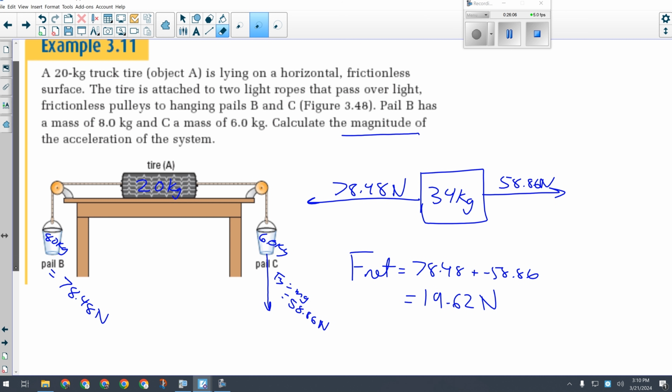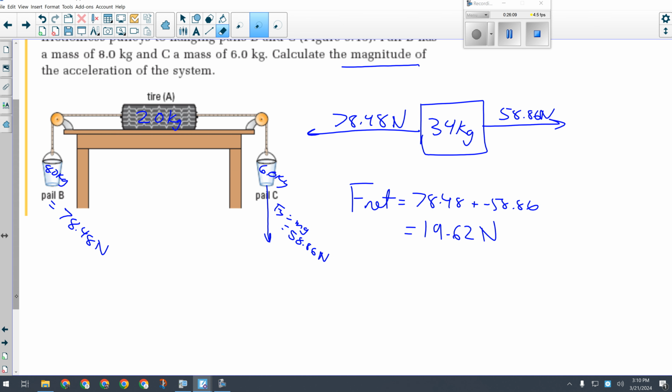Now that I have the net force, and they want the acceleration, I can do that other thing I do in every single Newton's second law question, F equals m times a. I'll find acceleration: 19.62 divided by 34 kilograms.